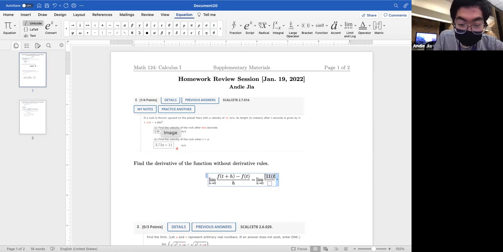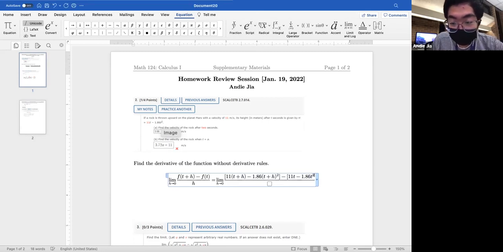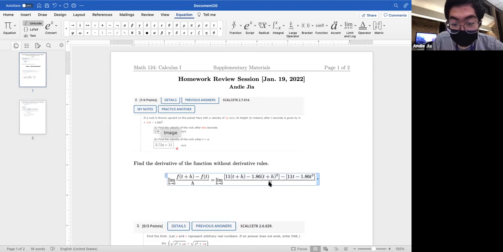It's going to be 11 times (t plus h) minus 1.86 times (t plus h) squared, minus (11t minus 1.86 t squared), all over h.